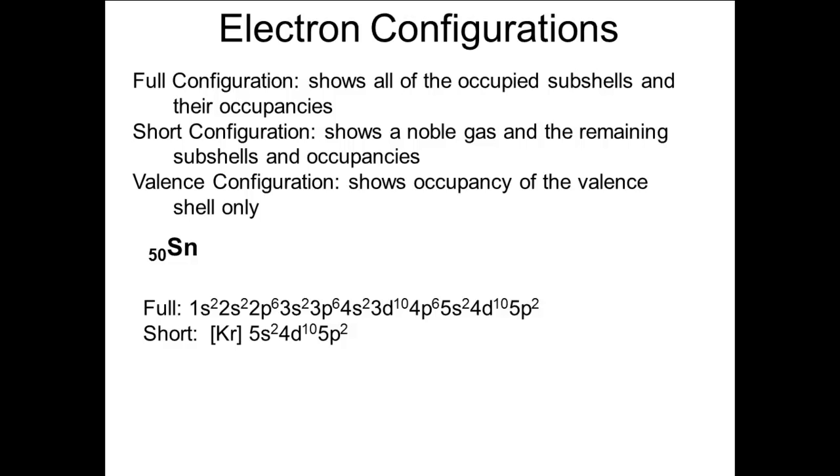Note that the last three subshells in these two forms of the configuration are identical. The Kr symbol represents everything from 1s through the 4p. The valence shell is the fifth shell, so the valence configuration shows only those subshells in the fifth shell, the 5s2 and the 5p2.